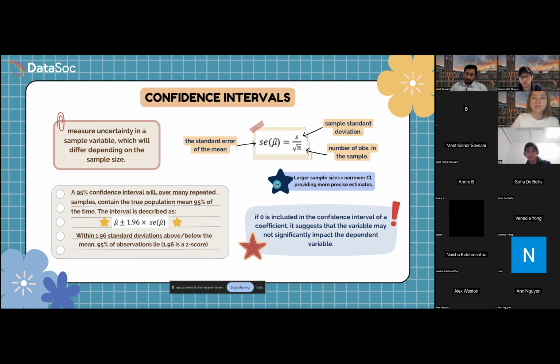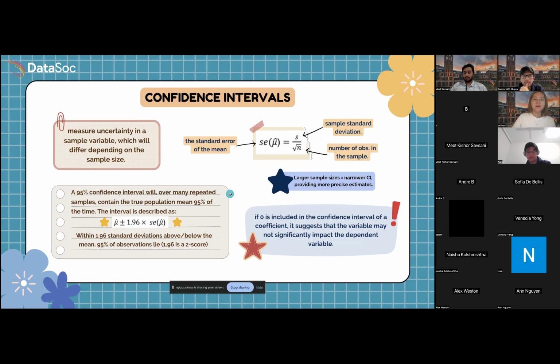With larger sample sizes, we have a narrower CI because it's divided by a larger number, which provides more precise estimates. So we favor experiments and data which have larger sample sizes because they provide the most precise estimates and more valid data.